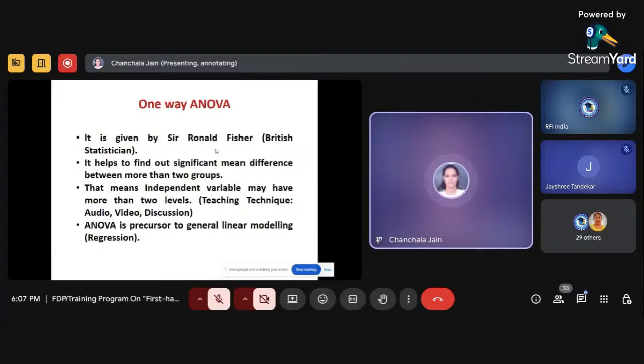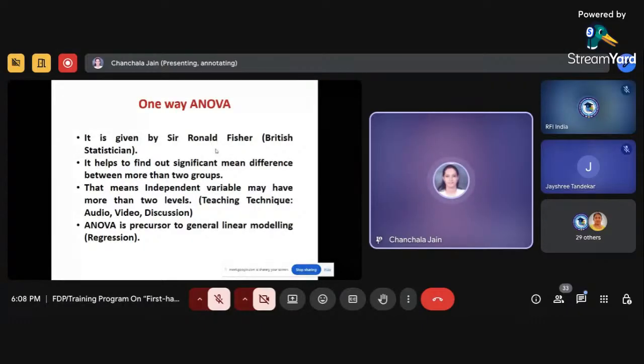ANOVA is there to help us: if we have more than two groups and want to compare their means, we can use the ANOVA test. All the group means are compared simultaneously, which is why we use one-way ANOVA.